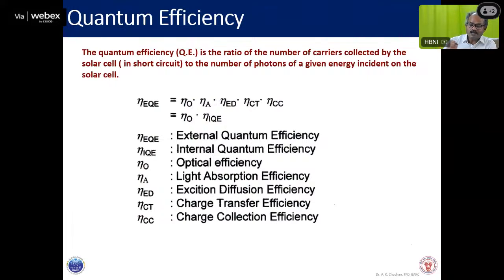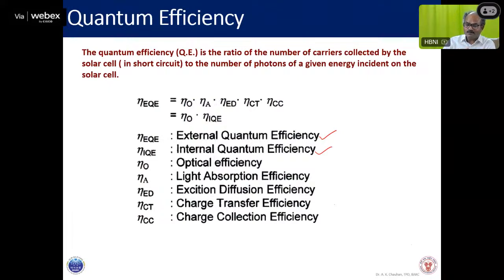Then there are two kinds: external quantum efficiency and internal quantum efficiency. The internal quantum efficiency comes into picture when light has actually been absorbed.